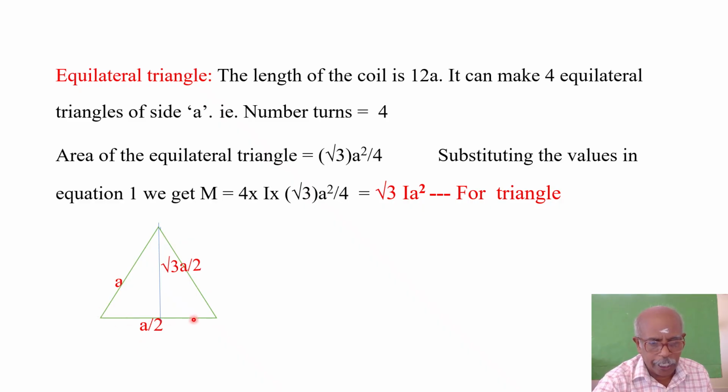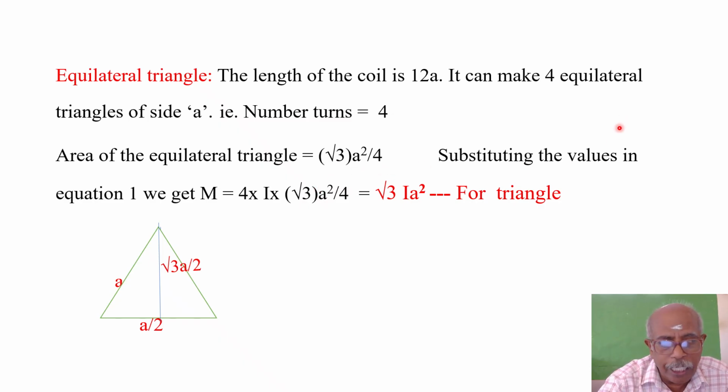If the full side is a, this half is a by 2, and according to Pythagoras theorem, the perpendicular distance is root 3 a by 2. So the area of the equilateral triangle is 1 by 2 into base a into perpendicular distance root 3 a by 2, which totally becomes root 3 a square by 4.